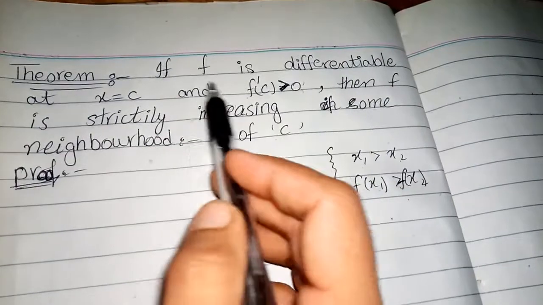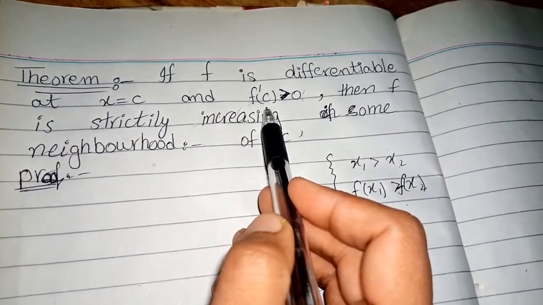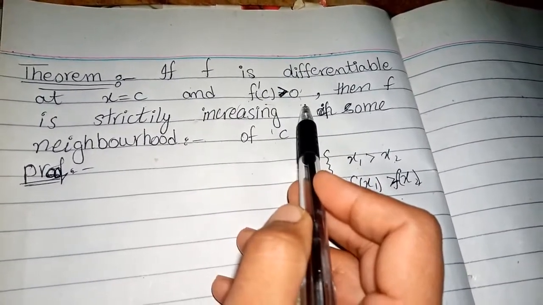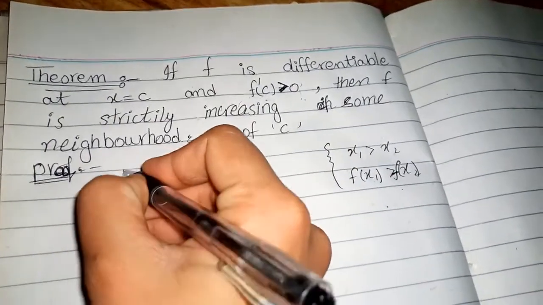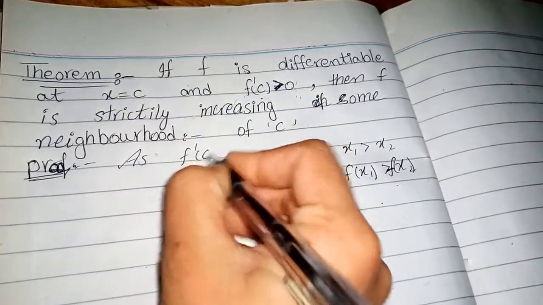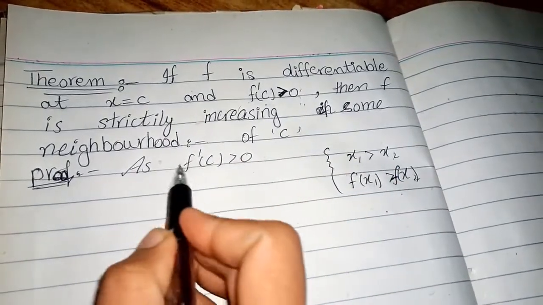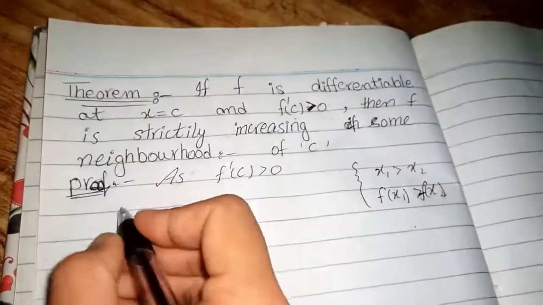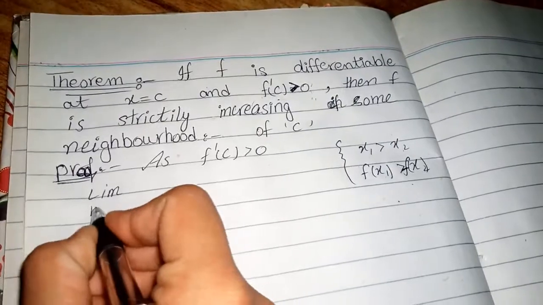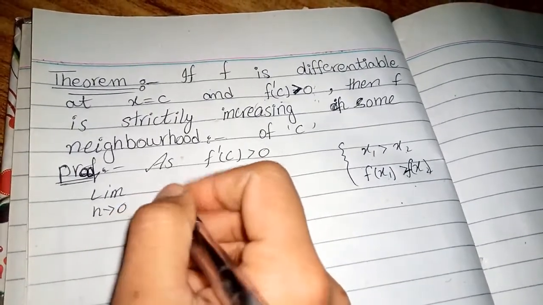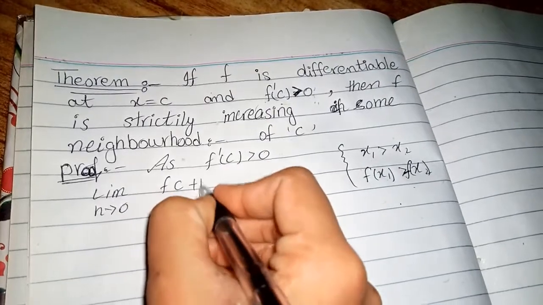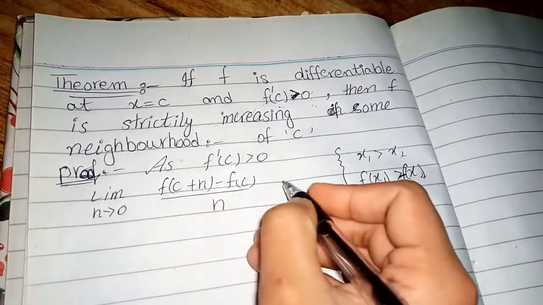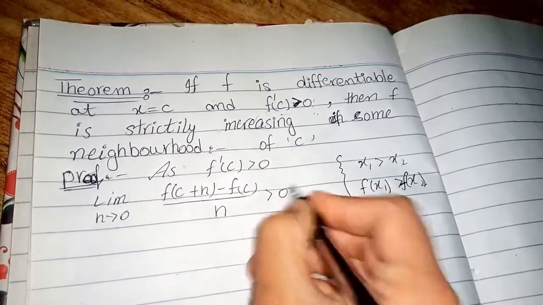Now we have the condition in this theorem: the derivative of the function at a point c is greater than 0, so we use this condition. As we have f dash of c is greater than 0, by the formula of the derivative we write here the limit as h approaches 0 of f of c plus h minus f of c over h is greater than 0.